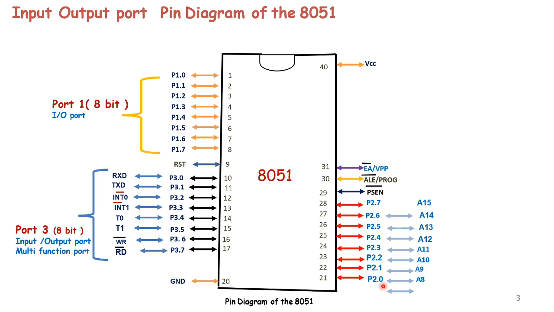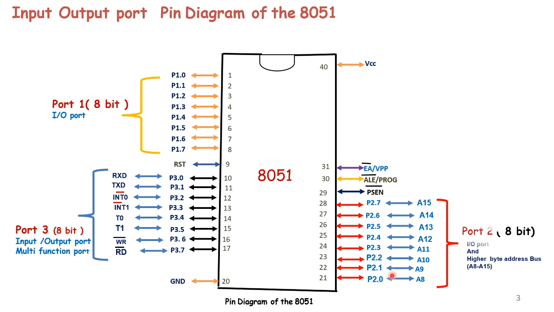These are multifunction pins, which can work as high byte address bus A8 to A15. So these are the A8 to A15 bus pins, and port 2 can work as input output port or higher order byte address bus A8 to A15.